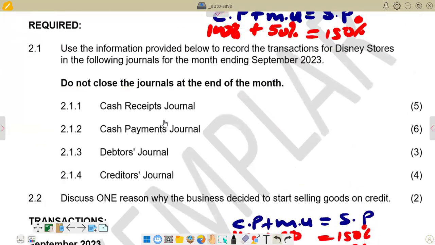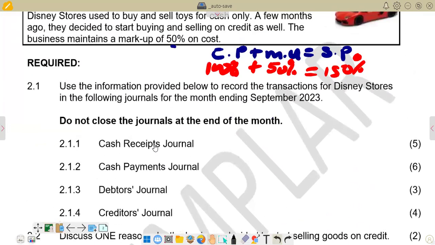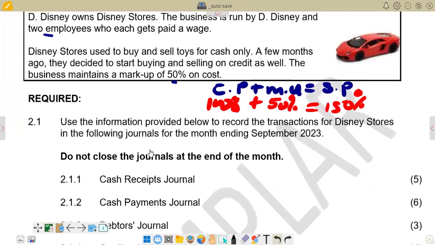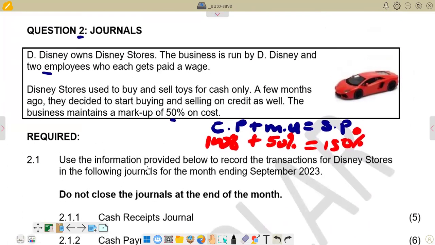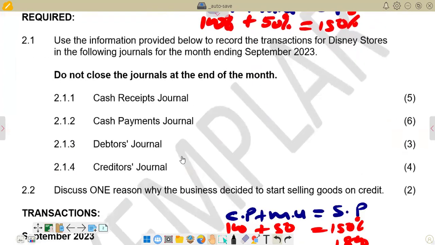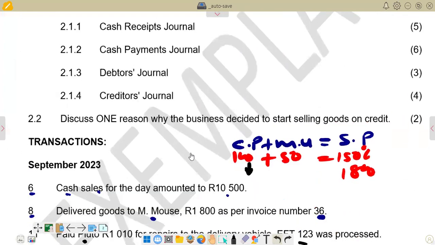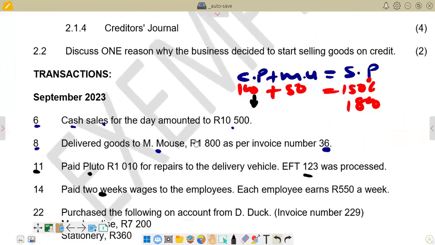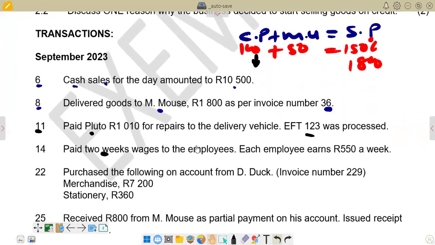If you come to the beginning of the question, you see that the business is run by TTC and two employees. We have got two employees who get paid a wage. So two employees, that's the figure that we wanted. So if we go down there, we try to see how we are going to calculate it. So it means we've got two employees that are being paid.